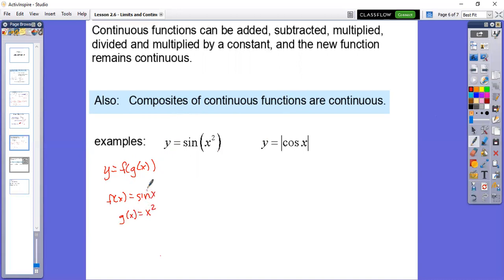Because both of these functions are continuous, this function y must also be continuous because it's a composition of the two continuous functions. Same thing applies here. f of x would be absolute value of x, g of x would be cosine of x. Both of those functions are continuous, so therefore the composition of the two functions is also continuous.